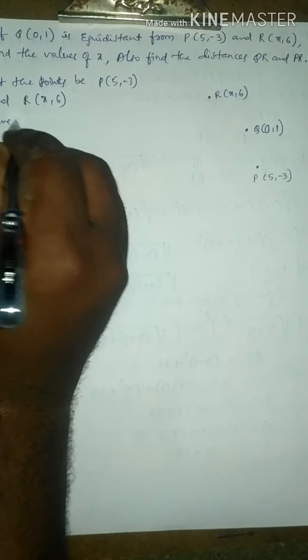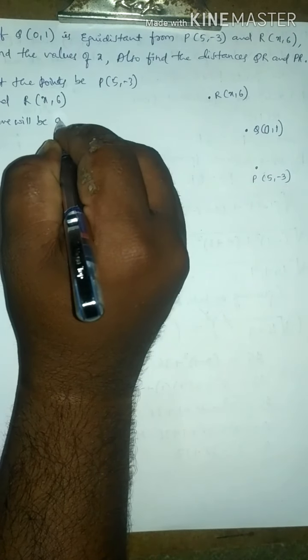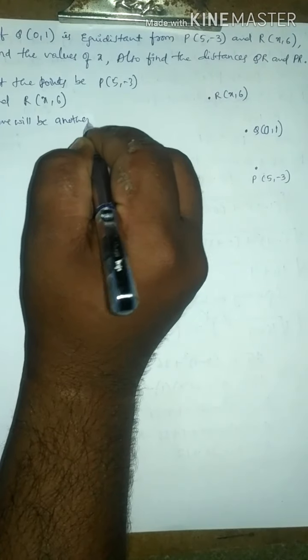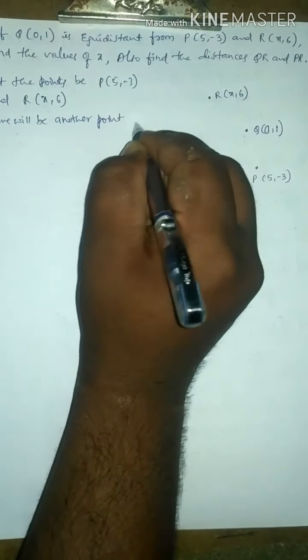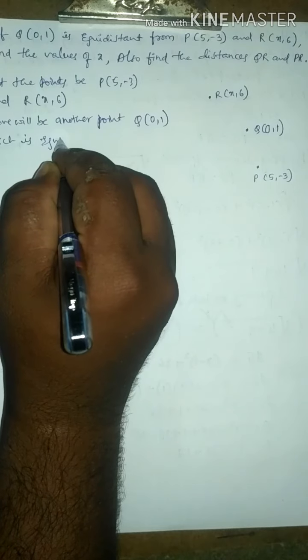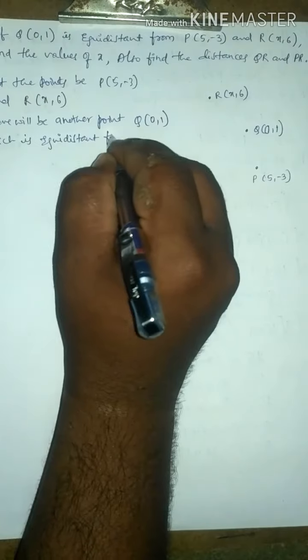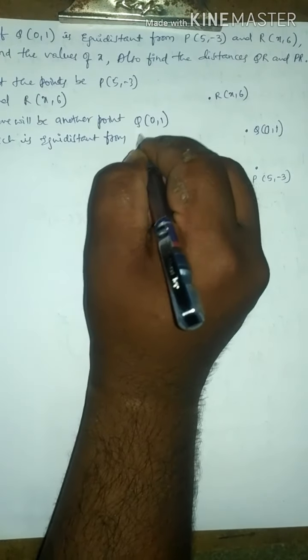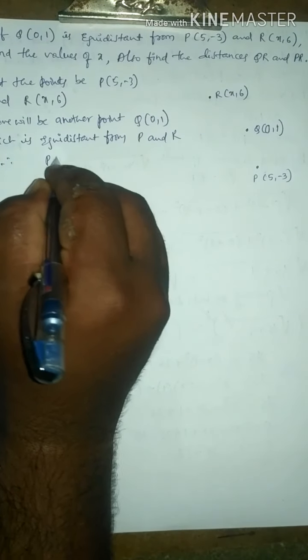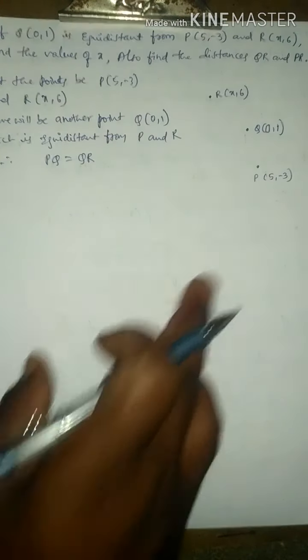There will be another point Q which is equidistant from P and R. Therefore, what condition do we have? PQ is equal to QR. Whatever the distance is from P to Q, the same is from R to Q.